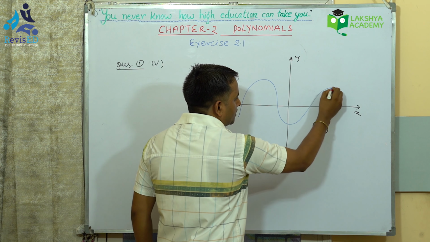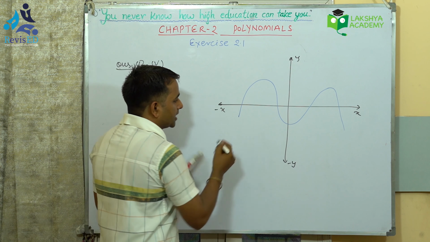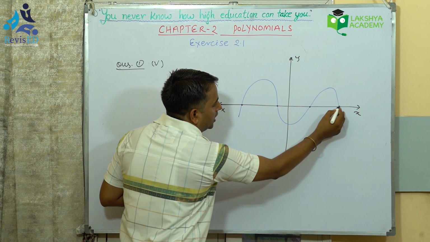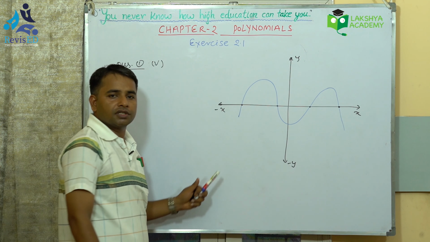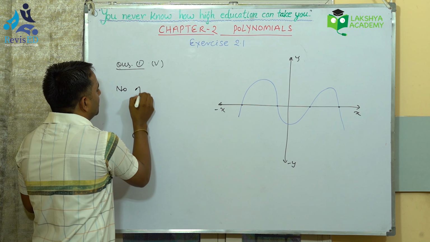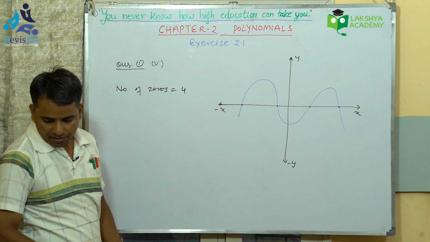This is like this. Now see that this graph is again touching the x axis at 1, 2, 3 and 4 points. So this is touching the x axis at 4 points. Therefore, number of zeros are 4. Number of zeros is 4 in this case.